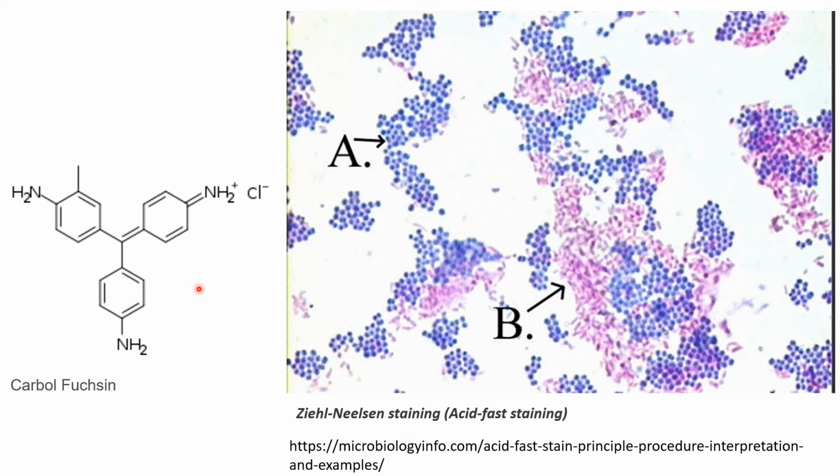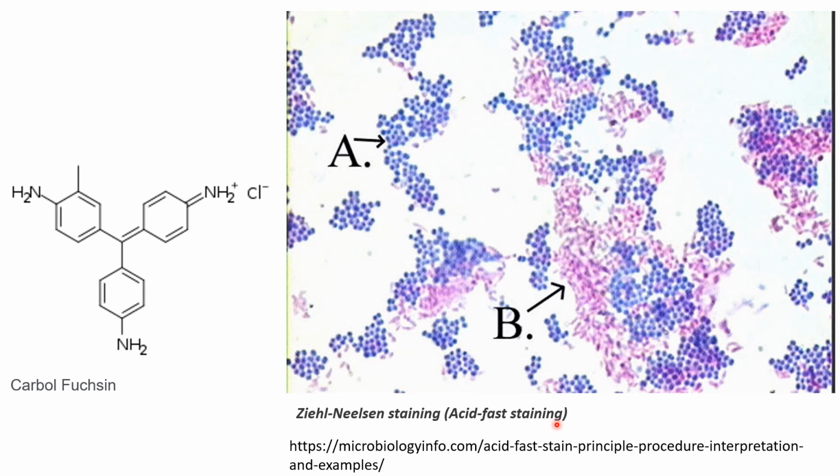And carbolfuchsin is important for acid-fast staining. Sometimes we cannot differentiate bacteria if they are gram positive or gram negative, like they could be gram positive and gram negative at the same time.